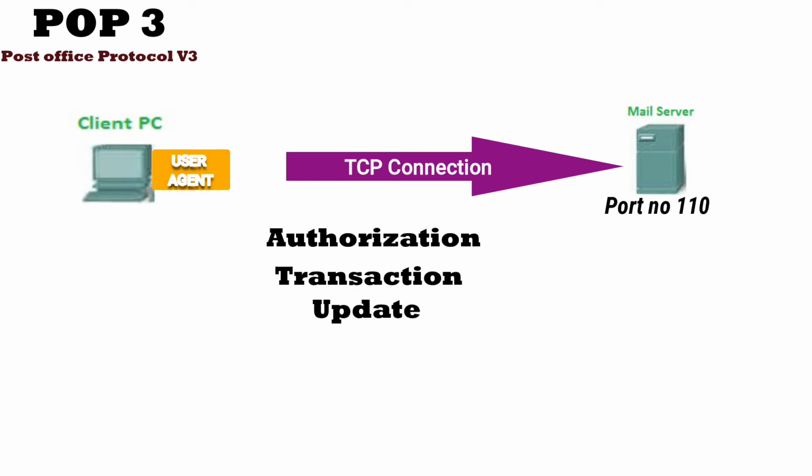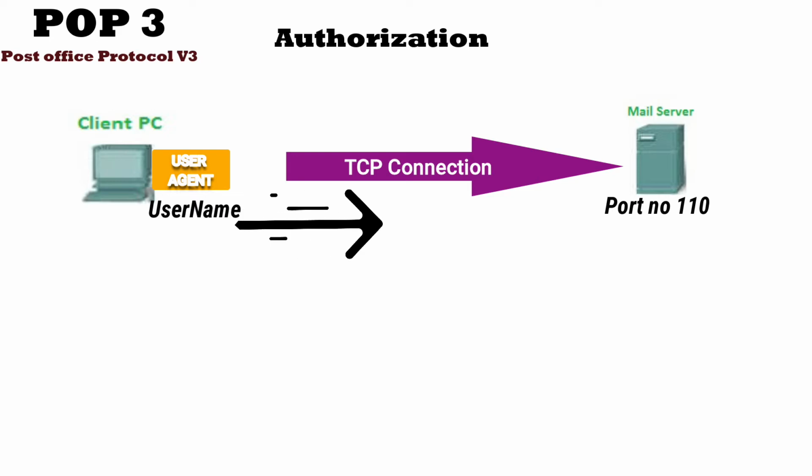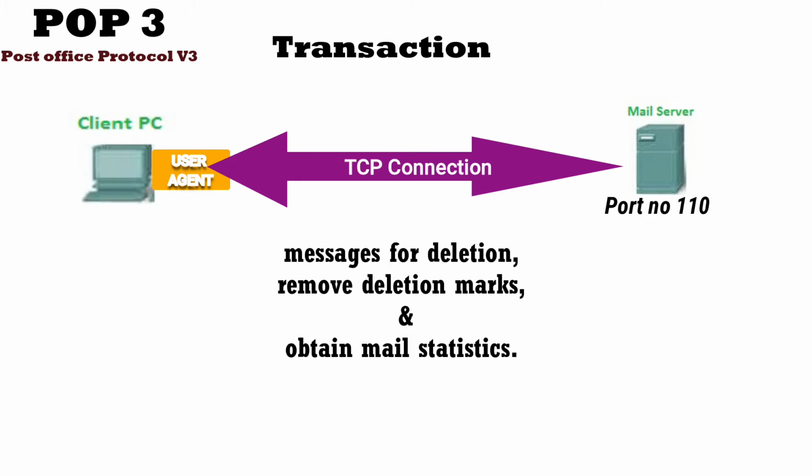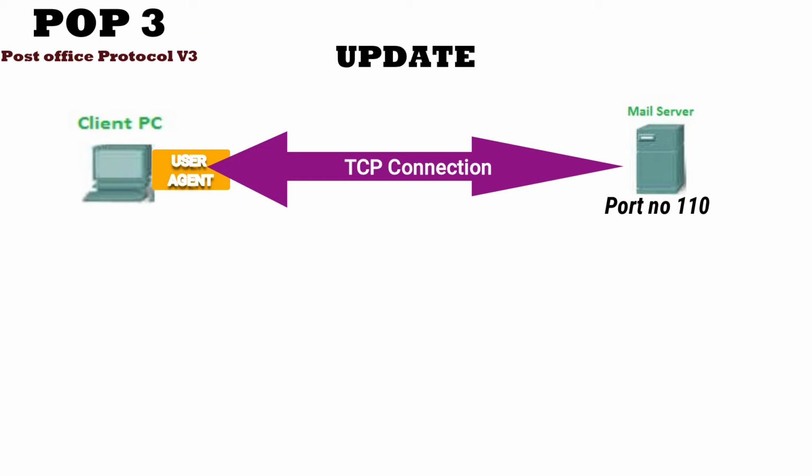During the first phase, authorization, the user agent sends a username and a password to authenticate the user. During the second phase, transaction, the user agent retrieves messages. Also during this phase, the user agent can mark messages for deletion, remove deletion marks, and obtain mail statistics. The third phase, update, occurs after the client has issued the quit command ending the POP3 session.